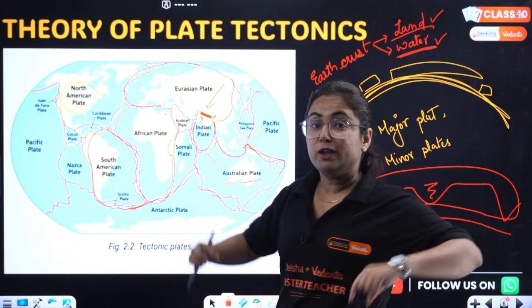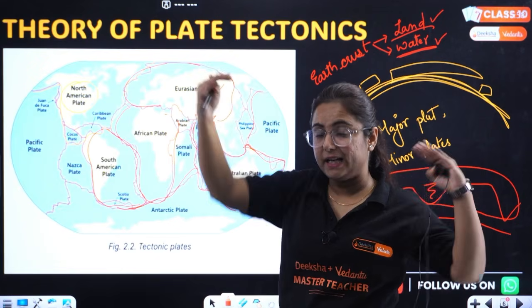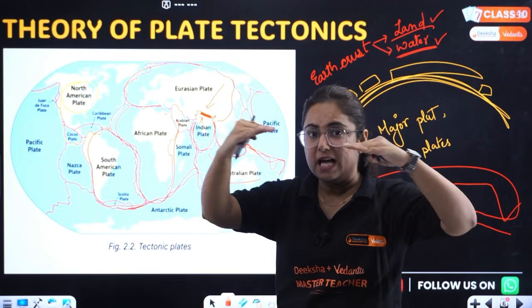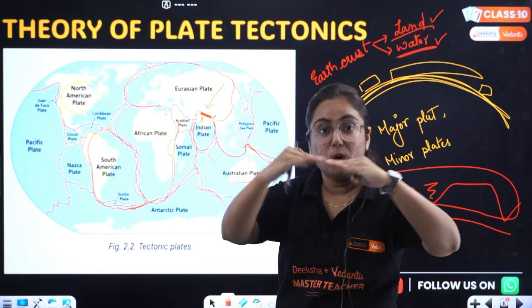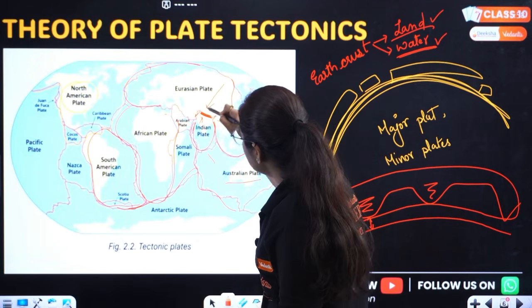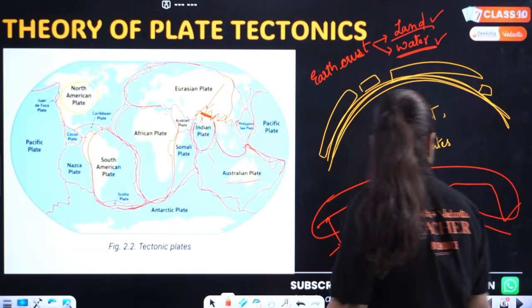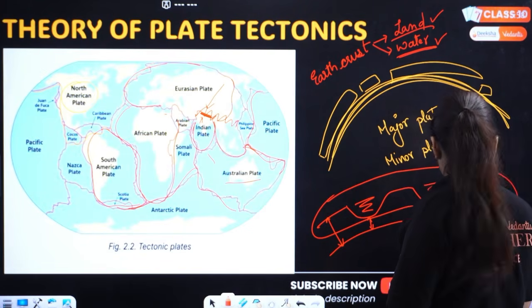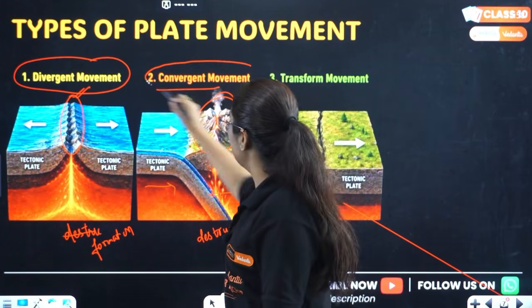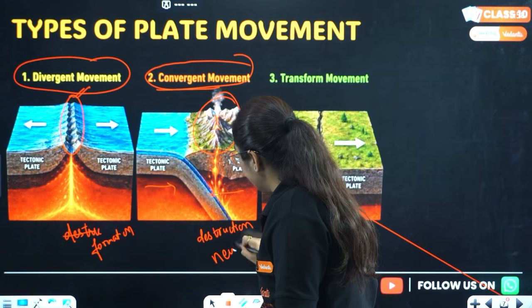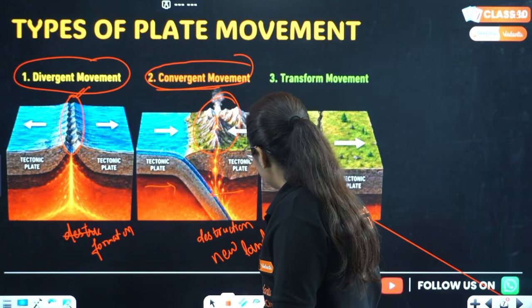So when two plates, the Eurasian plate and the Indo-Australian plate, came closer, converging with each other, a new landform was formed. That new landform is known as the Himalayas. Similarly, in convergent movement, after the destruction, a new landform is formed.